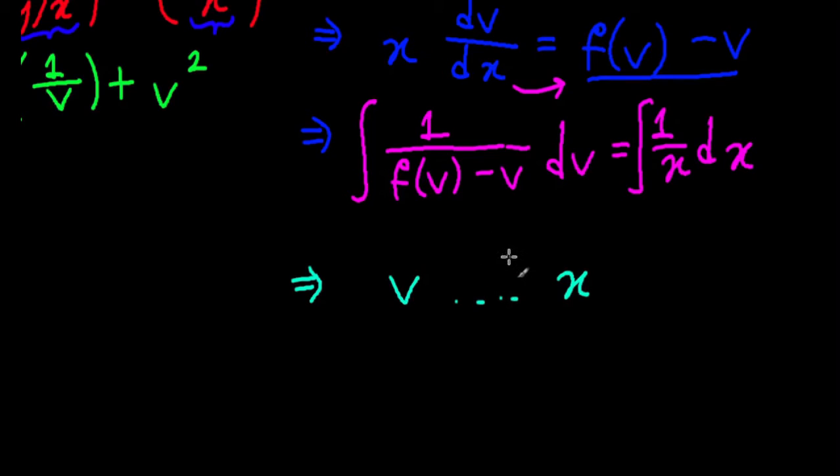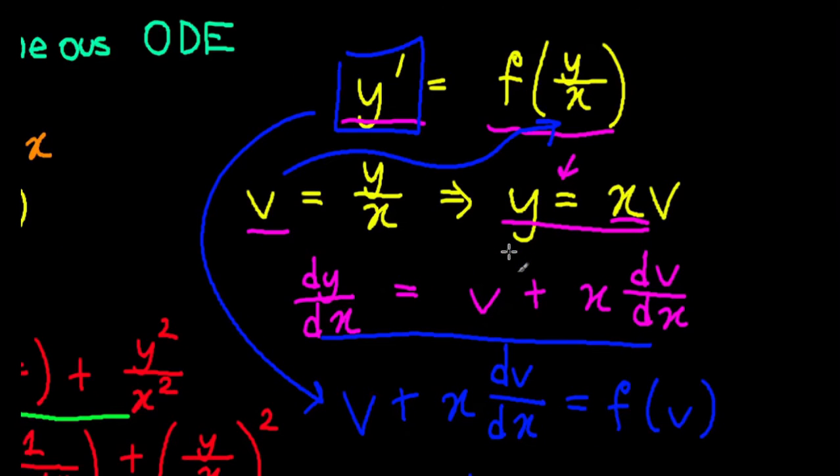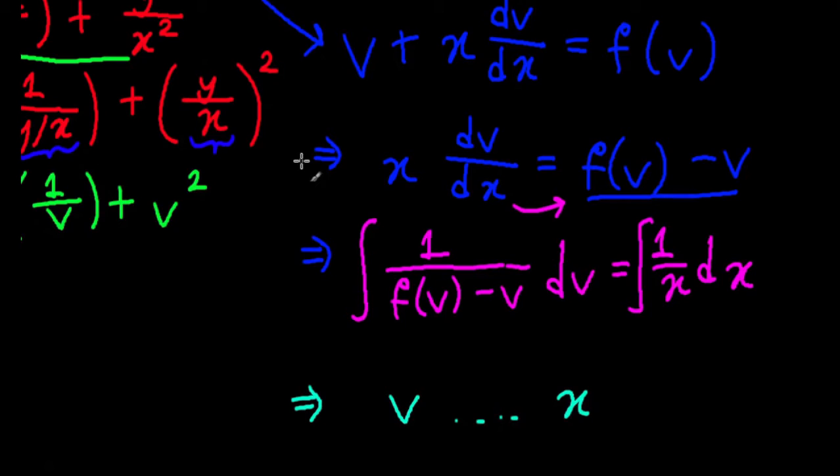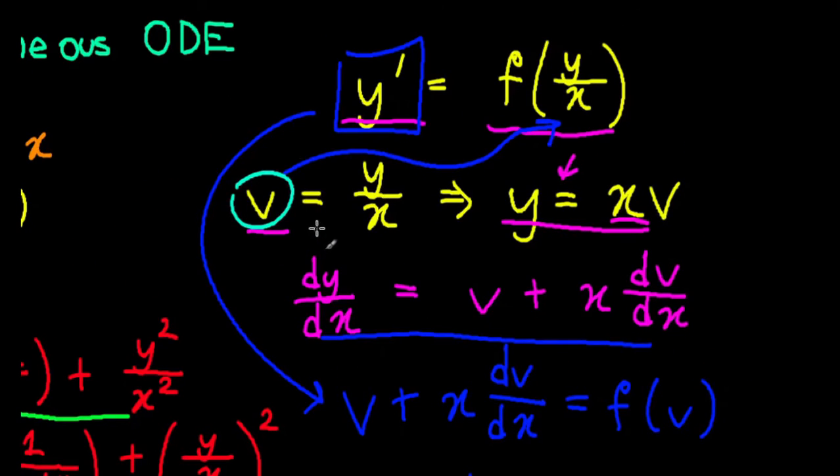So what does that give us? Our original purpose isn't to solve for v, it's to solve for the dependent variable, or function, y. So how do we do that? Well, we just reverse our substitution. We have v in this expression, so let's just back substitute. v, as we originally said, is just y by x.